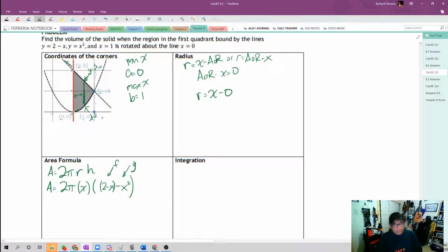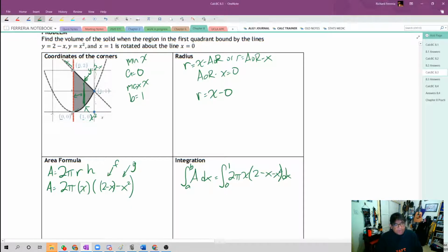Now for the integration, we're just going to integrate the area formula. And then I think we're going from, well, A to B. So that's equal to the integral from 0 to 1. The area formula is 2 pi x, and then what is that? 2 minus x squared dx.